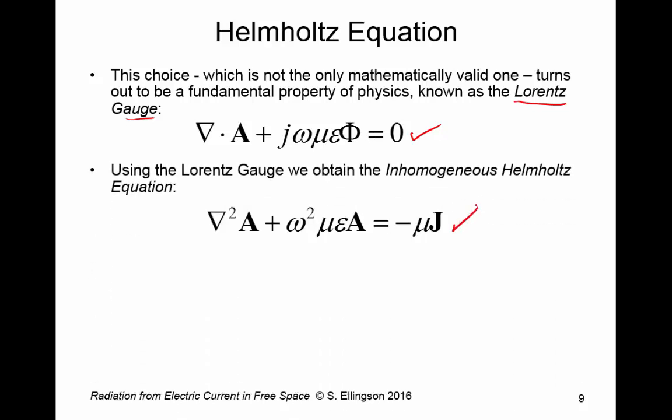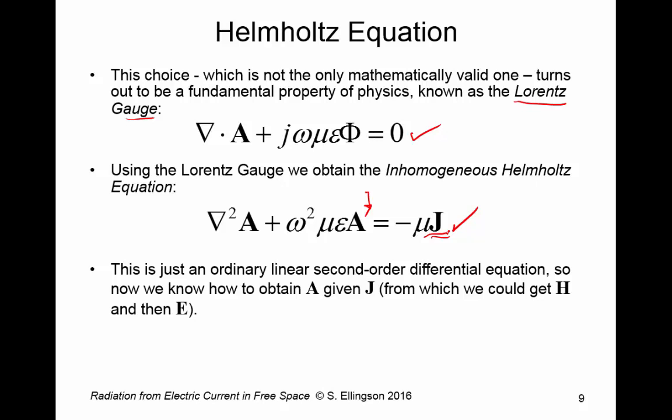The simpler equation, now that term that used to be here is gone. The simpler equation is just a second order differential equation in A, and then on the right we have the sources that we're interested in. This is an inhomogeneous differential equation. In other words, it's a second order differential equation in which we have a non-zero quantity on the right, and that non-zero quantity represents a source, specifically the volumetric current density.